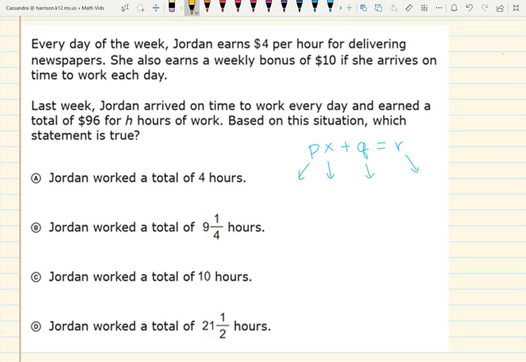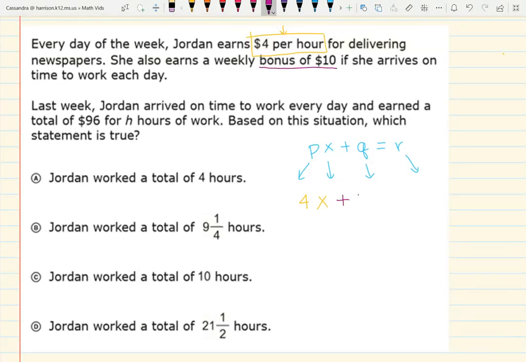All right. Every day of the week, Jordan earns $4 per hour. Oh, I'm so grateful that they said the word per. That signals to me $4 per hour. And I'm going to put an X for now, but they might tell me a different variable later. $4 per hour for delivering newspapers. She also earns a weekly bonus. Ooh, that's an extra amount of $10.